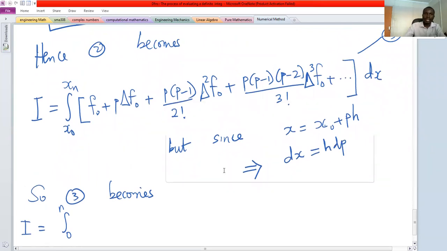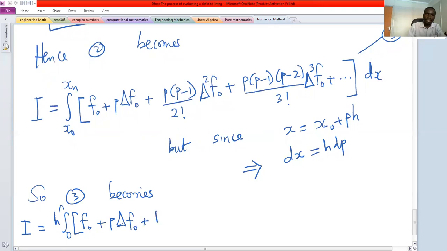So h being a constant can be factored outside the integration sign. So I'll have h into f naught plus p forward f naught.